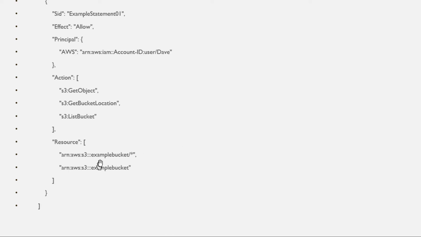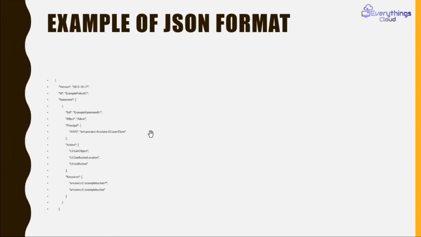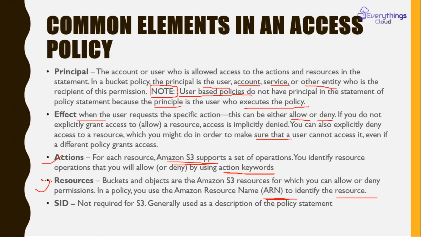You have to define his account here so he can access this bucket. Okay, so this is the resource, and Sid is not required; it is generally used to describe the policy statement. So these are the important and main elements of the access policy: principal, effect, action, resource, and Sid.